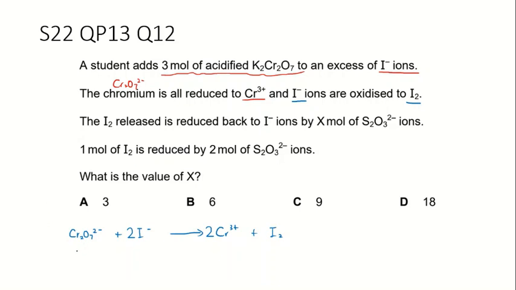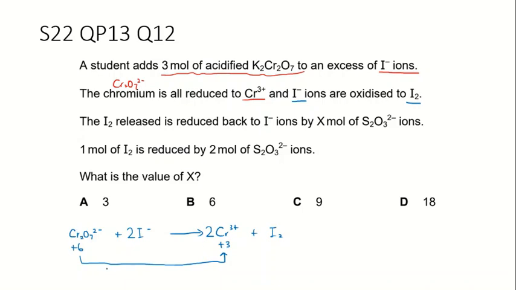Now I want to find the oxidation number of chromium in dichromate ions. That would be plus 6. Oxidation number of chromium in the chromium 3+ ion will be plus 3. So what is the change in oxidation number of chromium from dichromate ions to chromium 3+ ions? Now we have to multiply by 2 because the change comes in a package, right? 2 Cr here to 2 Cr here.